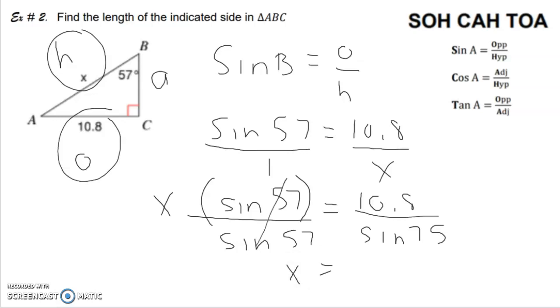And on the other side, this is where you have to use your forward and backwards calculators. If you have a forwards calculator, you're going to type in 10.8, then divide it by sine, oops, I put 75 there. It should be 57. Let me just erase that because that could be confusing.